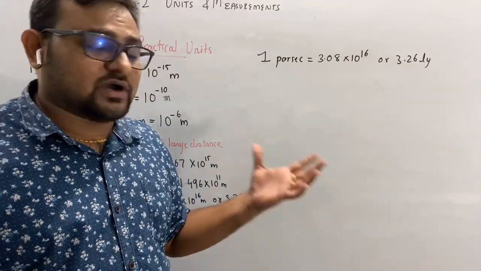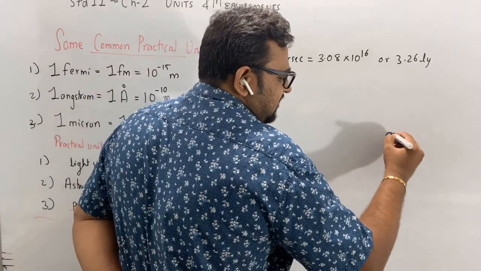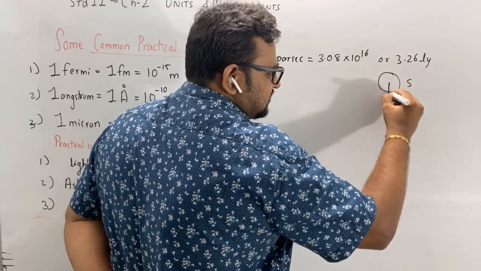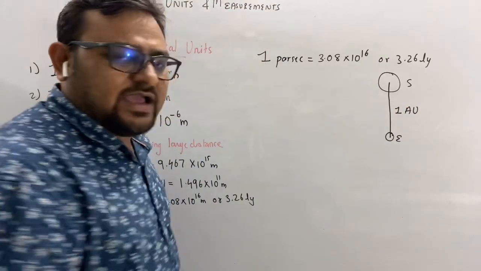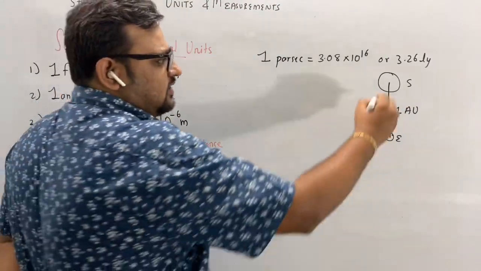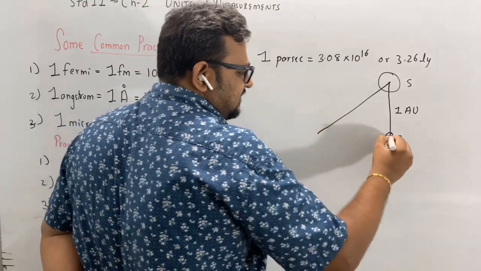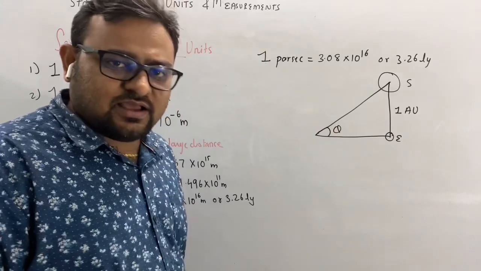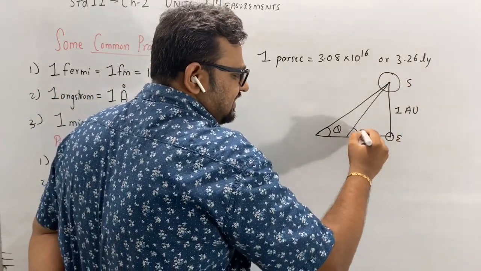Now, what is one parsec? Let's say this is Earth and this is Sun. This distance is 1 AU, one astronomical unit. If you are making this angle, then this will be angle theta, right? If I reduce this, the angle increases.